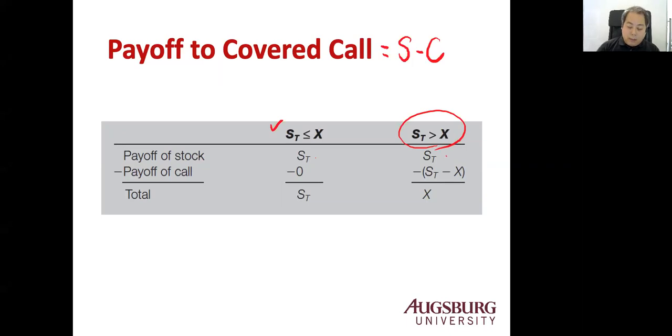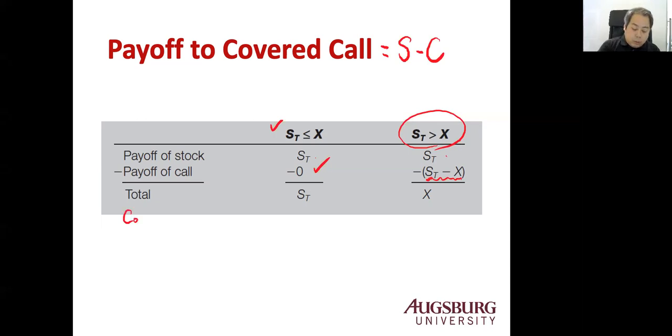On the left-hand side, you don't have any payoff from the call option because the call holder will not exercise it. But you have to pay the difference between the stock price and the exercise price to the call holder, because you basically sold the option. Once the holder exercises the option, you have to pay the cost.